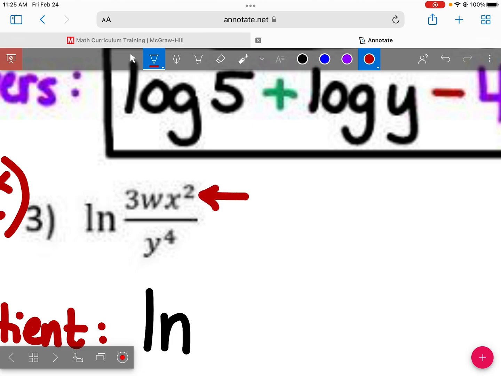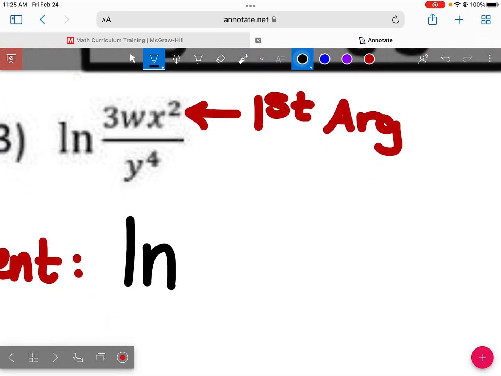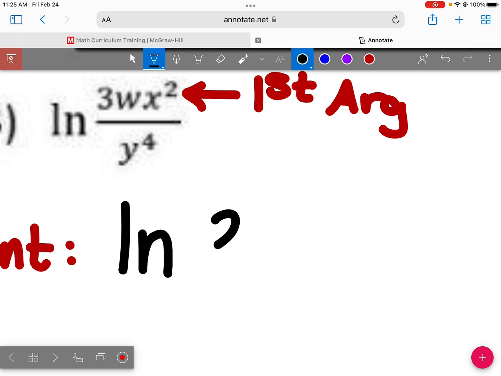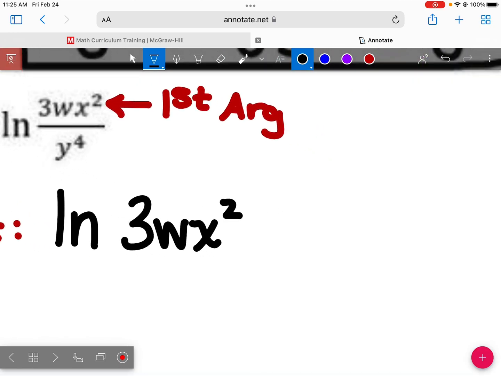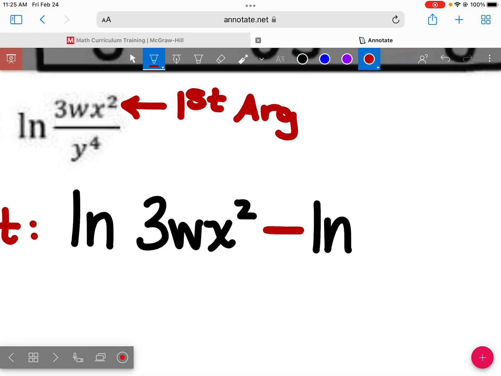The numerator of this fraction is my first argument. So it's ln of 3wx squared. And before I get to the next ln, what am I going to see? Minus ln of whatever's on the bottom down here.